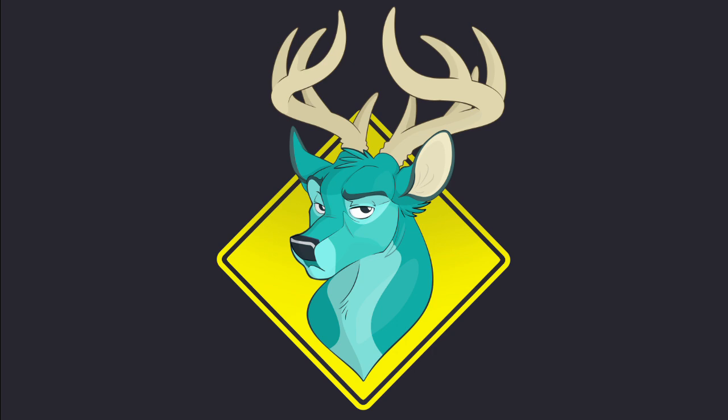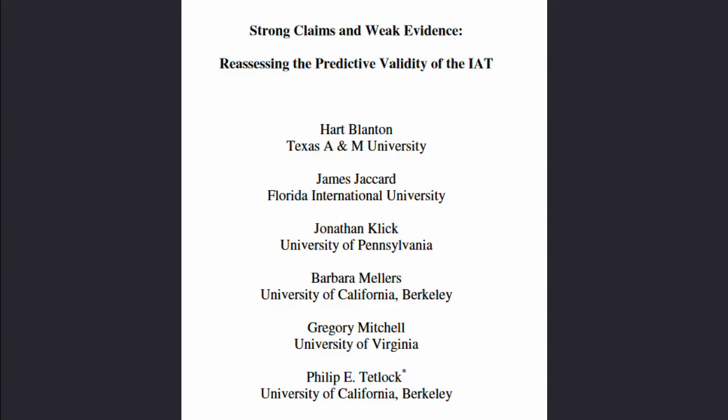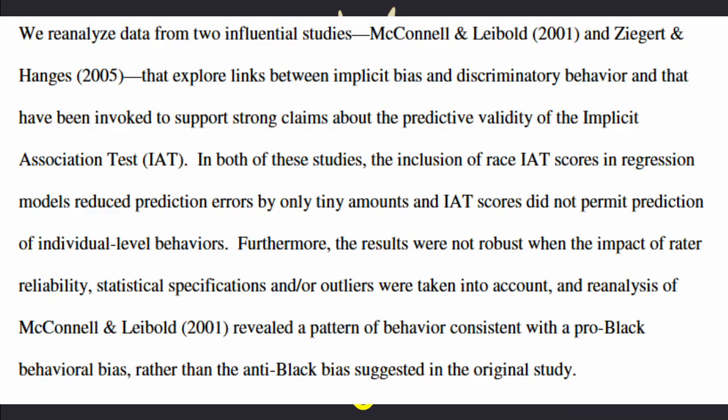A paper published in the Journal of Applied Psychology, "Strong Claims and Weak Evidence: Reassessing the Predictive Validity of the IAT," makes this quite clear. "We reanalyzed data from two influential studies, McConnell and Leibold 2001 and Ziegert and Hanges 2005, that explored links between implicit bias and discriminatory behavior, and that had been invoked to support strong claims about the predictive validity of the implicit association test.